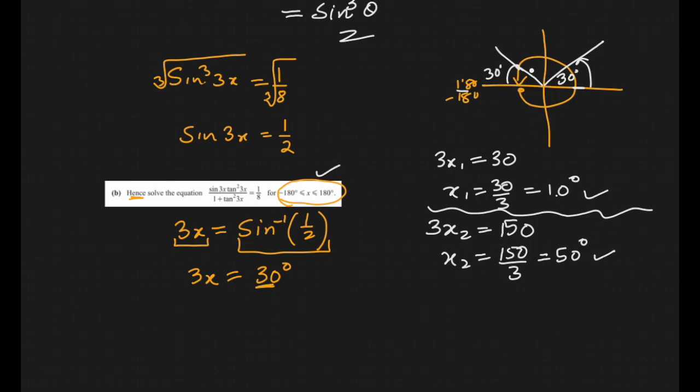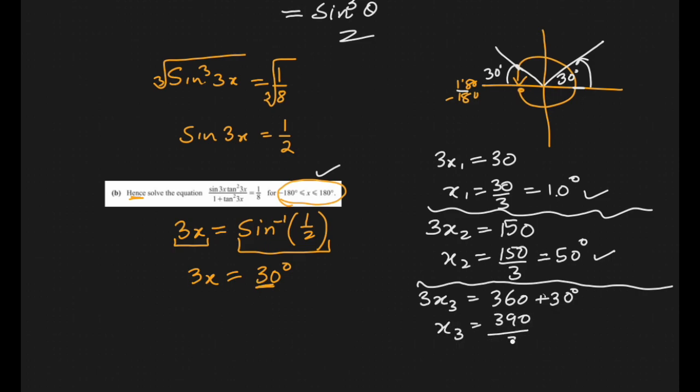Let's see if I go beyond this. So I'll go 360 plus 30. So third answer, 360 plus 30. Okay, so x3 comes out to be 390 over 3, which is 130 degrees. Perfect.